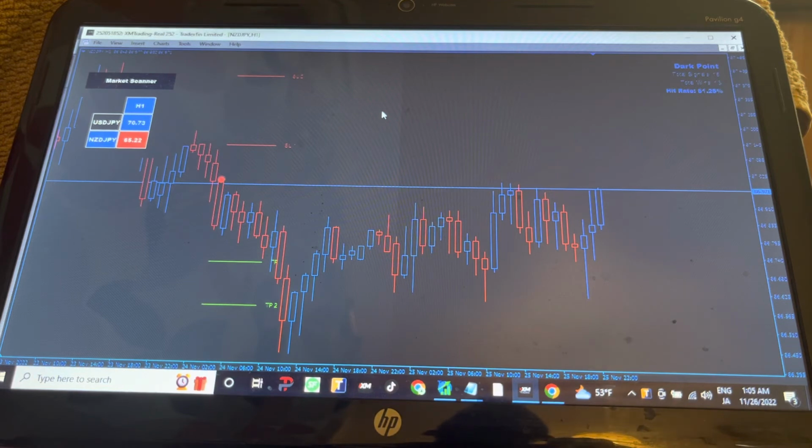This is valid throughout next week, from Monday, November 28th, till the Friday of that week. This is a 1 week analysis on a 1 hour time frame of NZD JPY.